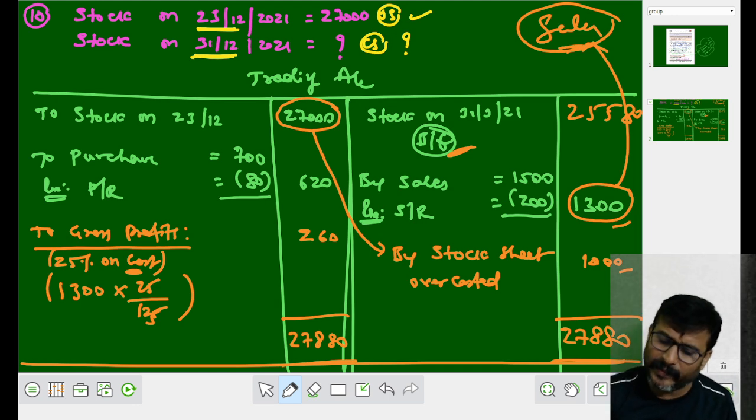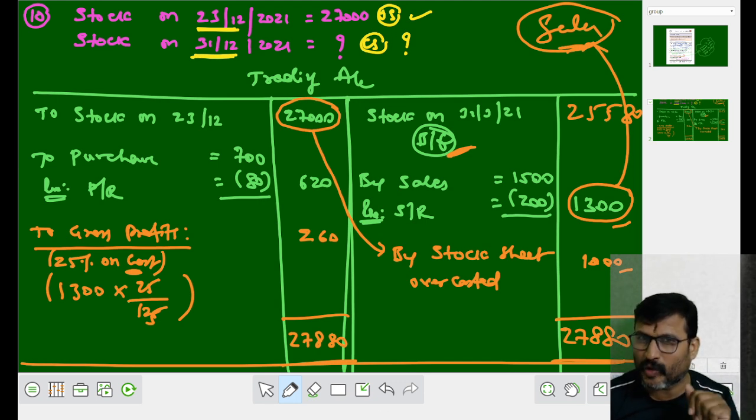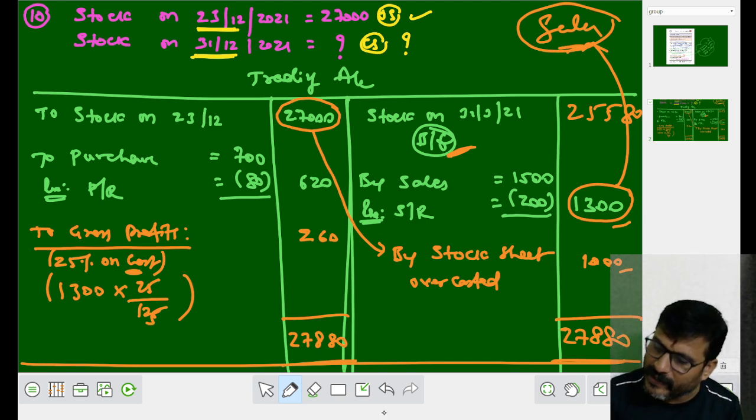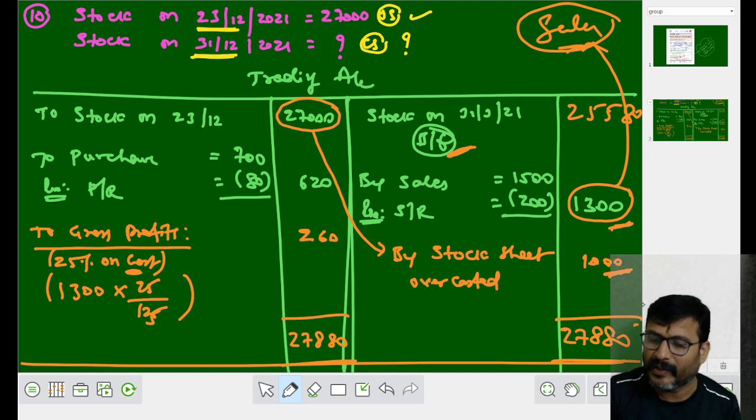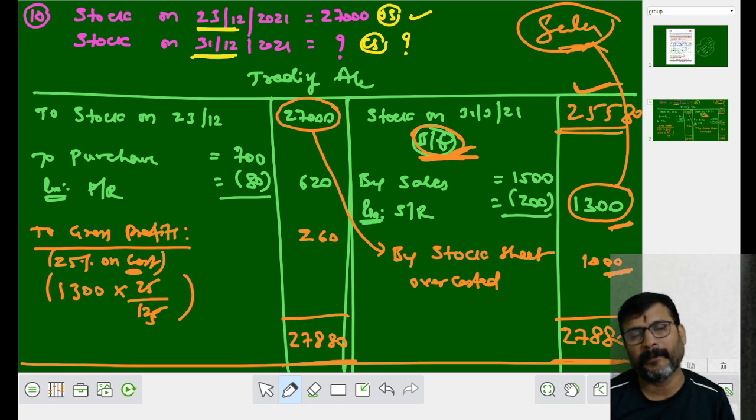Either you write this in the beginning or else you can write it at the end, no problem. But usually whenever I read both the stock, I take immediately. Did you understand, my dear student? Out of 27,880, subtract 1300, subtract 1000. Then you are getting the balancing figure as a stock on 31st March 2021 is 25,580.